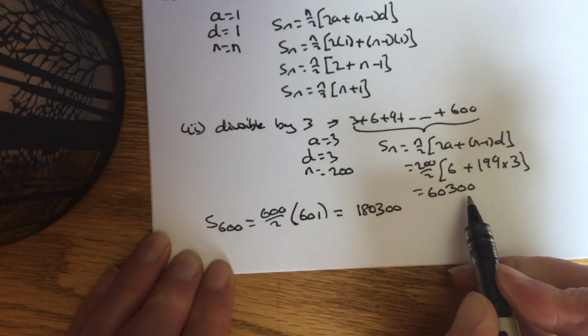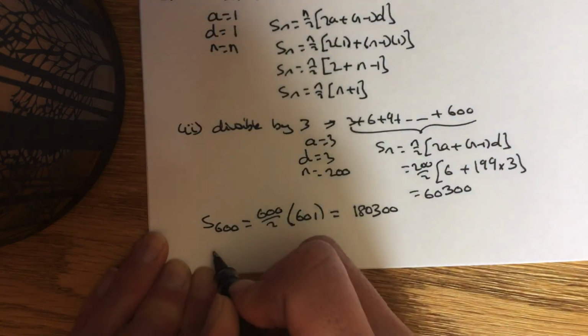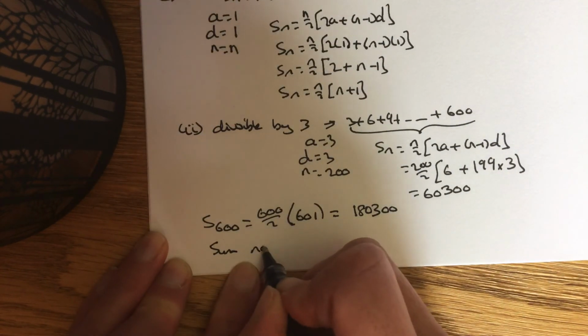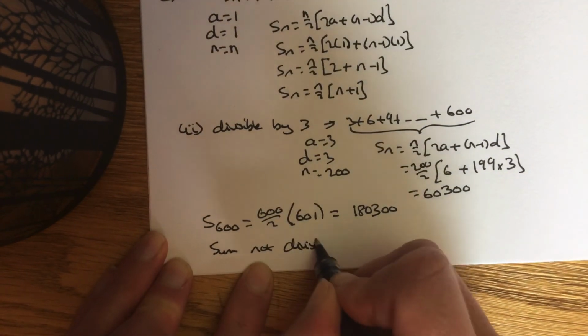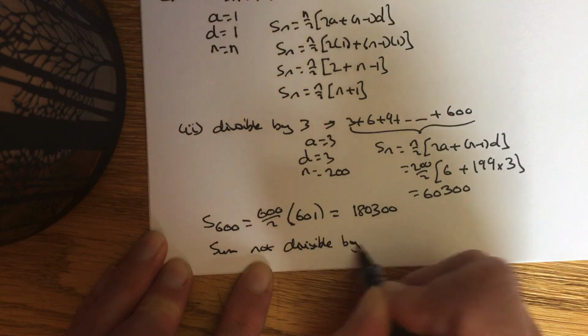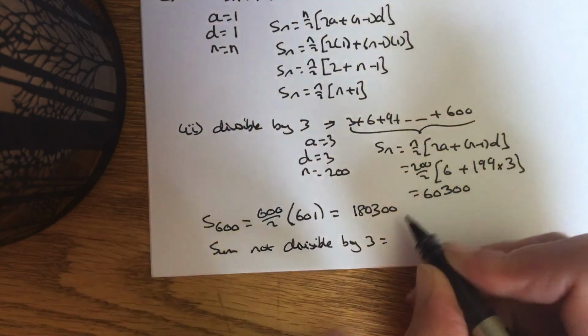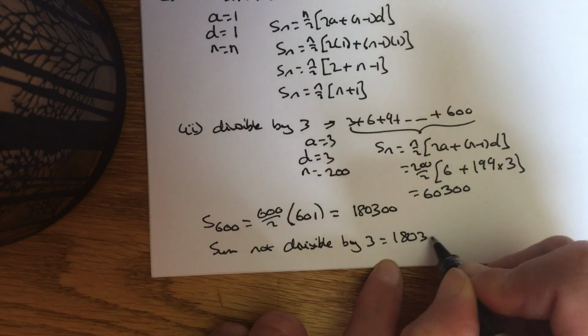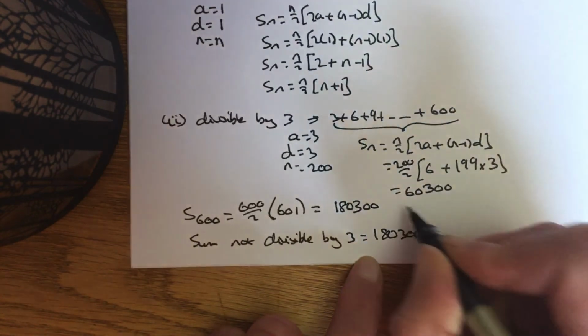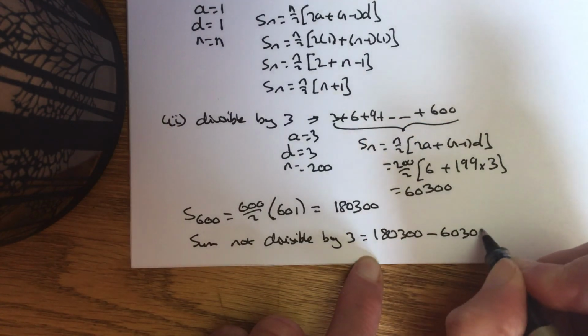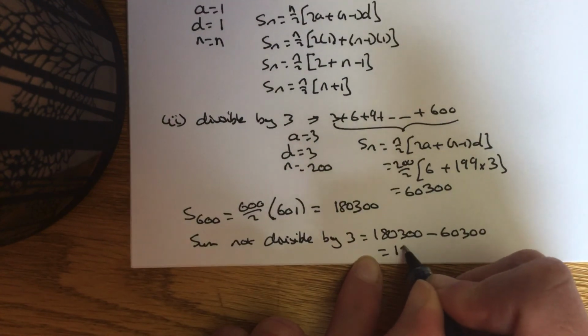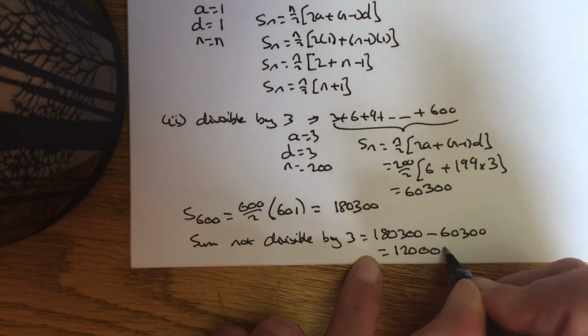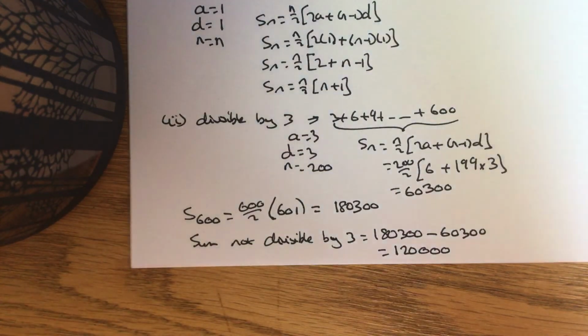These are the ones which are divisible by 3. So the sum that is not divisible by 3 is all of the numbers, add it up, subtract the ones which do divide by 3 to give you an answer of 120000. So that certainly is a tricky question.